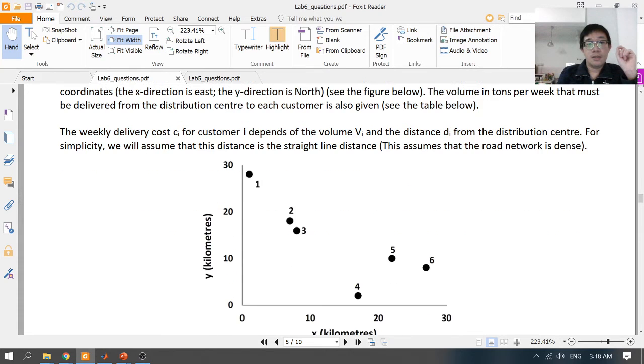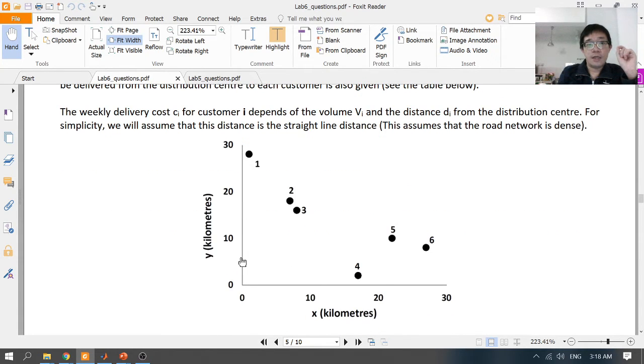So that means in this area of 0 to 30, we need to identify which location I should build the distribution center so that the distance from the distribution center to all 6 customers will be the minimum.